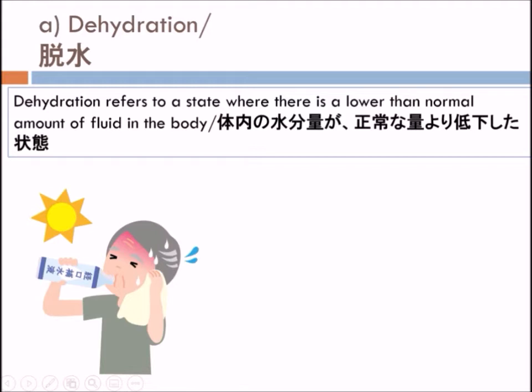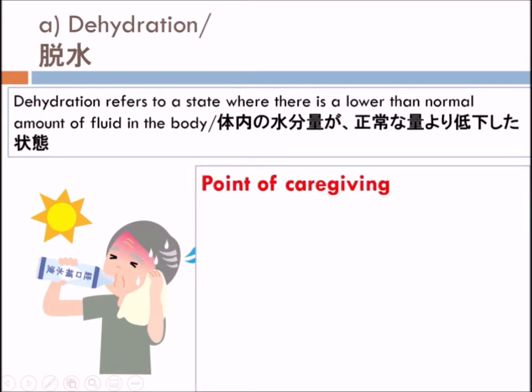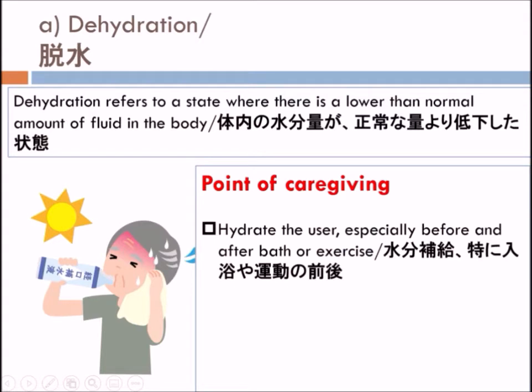Symptoms are dry lips, oral cavity, and skin, decreased urinary frequency and urine volume, lower blood pressure, higher pulse rate, higher body temperature, etc. Point of caregiving. Hydrate the user, especially before and after bath or exercise.